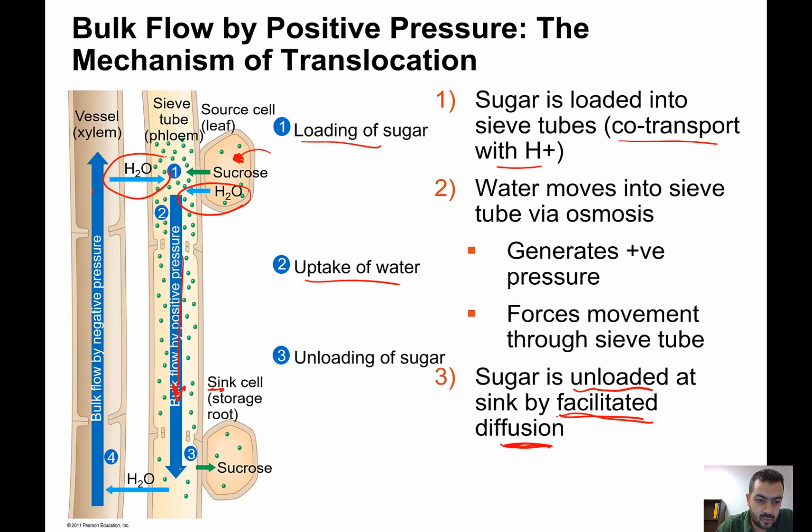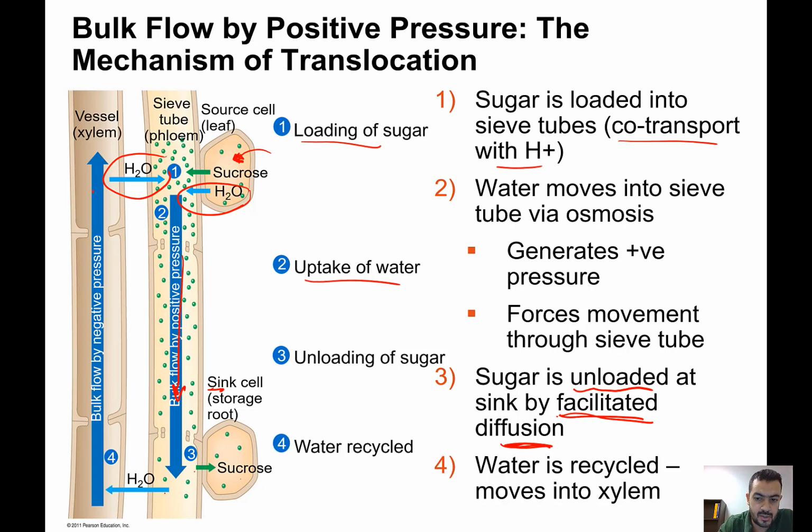So the sucrose is going to move from the sieve-tube element to the sink cell through facilitated diffusion. What will happen next? Water is going to be recycled back to the xylem in the fourth step. So this summarizes the whole mechanism of translocation.